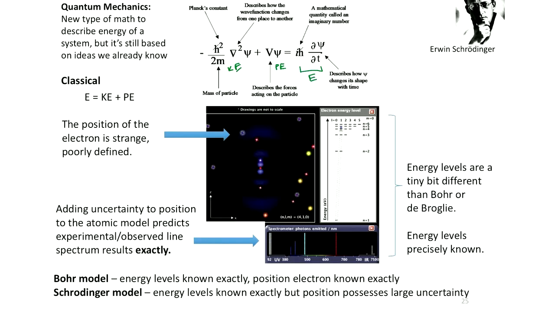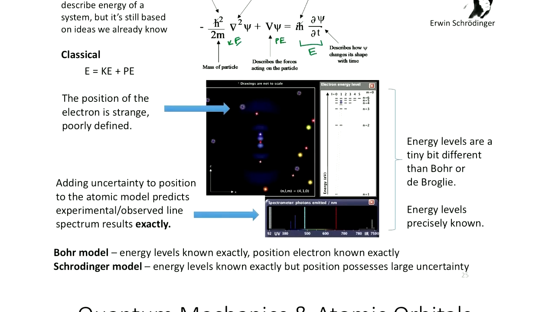All right, so the Schrödinger equation 100% correctly predicts the energy levels of our hydrogen atom, and it predicts the observations of the line spectrum that we observed earlier in this chapter for our hydrogen atom.